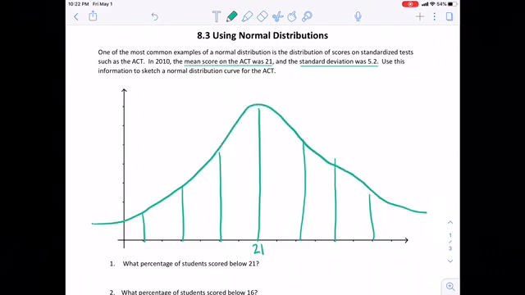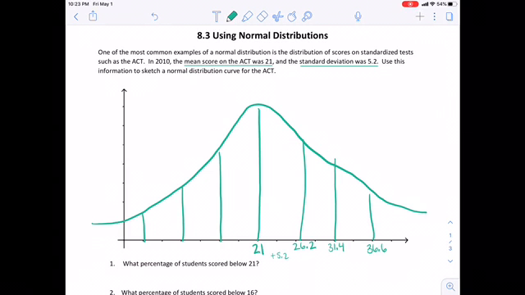And remember, to get each line, I'm just going to add my standard deviation of 5.2. So I take my mean of 21 and I add 5.2, which gives me 26.2. If I add 5.2 again, I get 31.4. And if I add 5.2 again, I will get 36.6.